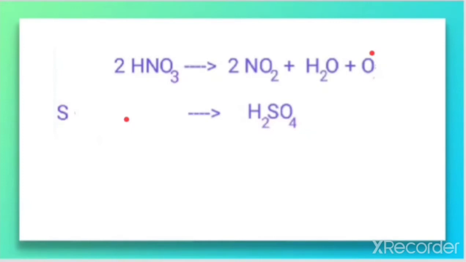That means in one reaction, loss of oxygen takes place, and in the other reaction, addition of oxygen takes place. That nascent oxygen gets added here. Addition of oxygen is called oxidation, so this reaction is an oxidation reaction.